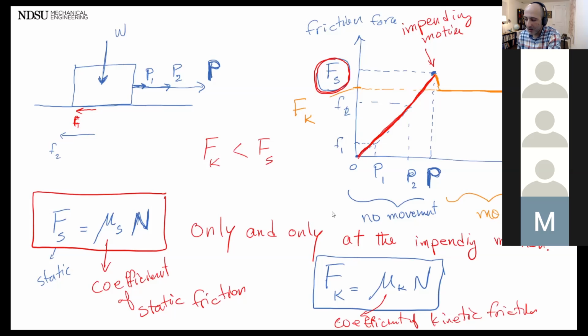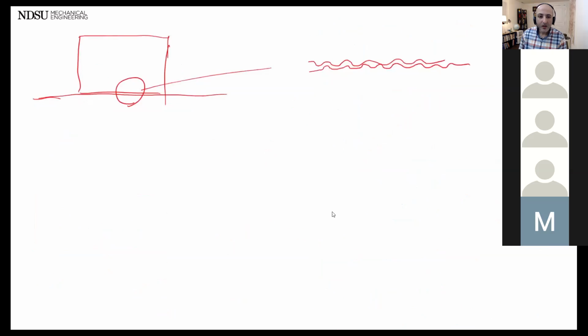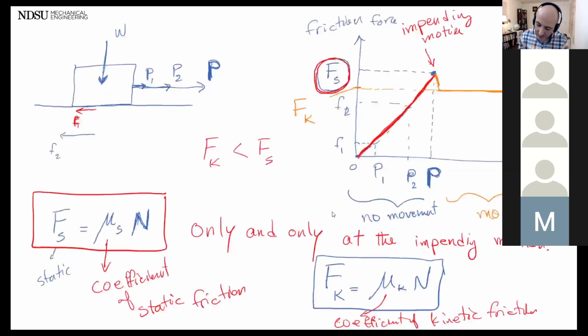Yep. All right. So there are ridges and grooves and stuff like that. So this one is trying to go this way, friction is this way. So these get entangled with each other. Okay, so in static friction, when we are in this section, we said there is no movement.